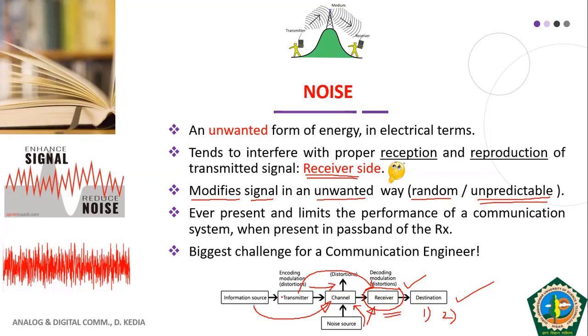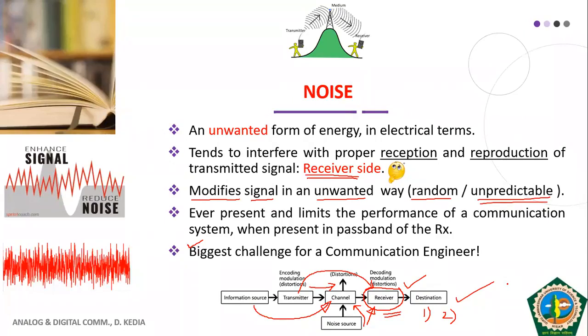So the biggest challenge for any communication engineer is to deal with noise. Apart from that, the biggest challenge is to design such a receiver which can deal efficiently with the noise. Dealing efficiently with the noise means our receiver should be immune against noise, or our receiver should be able to reject noise.